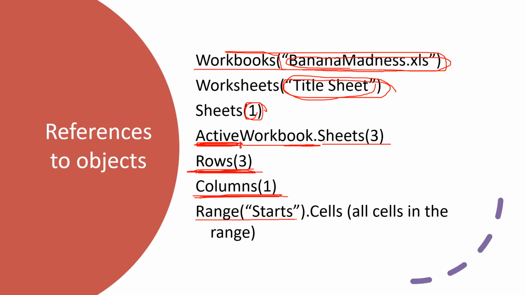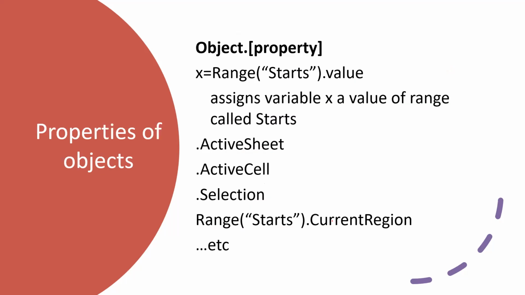Here we have identified a range named start, and we can identify all cells in the range using the cells command, right? Again, at this moment, you don't need to remember these commands. We will go through them and then we will discuss.